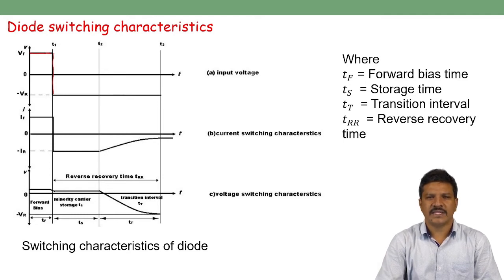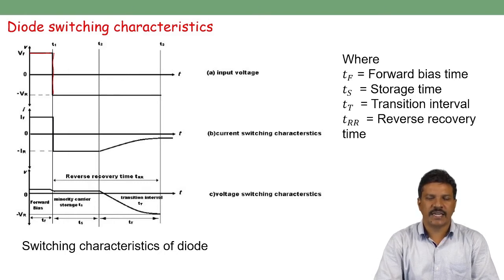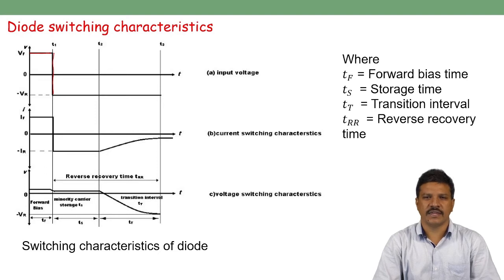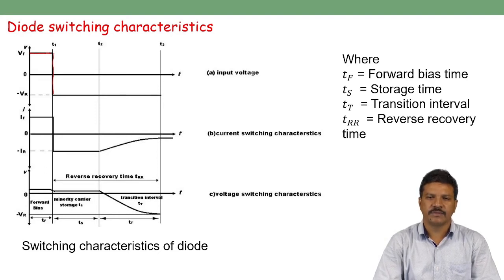Whenever a p-n junction diode operated in reverse bias, like an open switch, is immediately switched to forward bias, the charge carriers respond immediately and move from one region to the other. The majority charge carriers move across the junction.